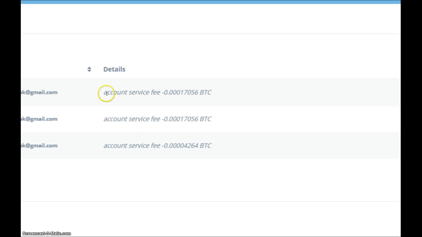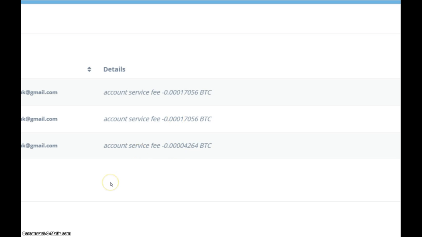So basically 8 cents was taken from here. Now 8 cents in BTC at the moment is this amount, 17,056 Satoshi. And then I had 2 cents taken off my SHA-256, my Genesis Hashlet. That's because they charge you 1 cent per 5 gigahash, and a Genesis Hashlet starts at 10 gigahash. So I had 2 cents taken from me, which was 4,264 Satoshi.